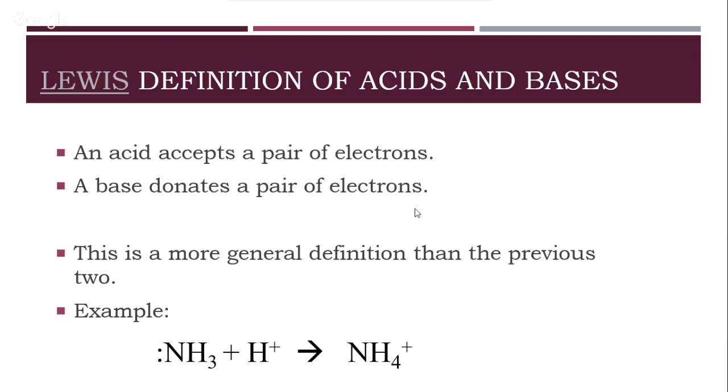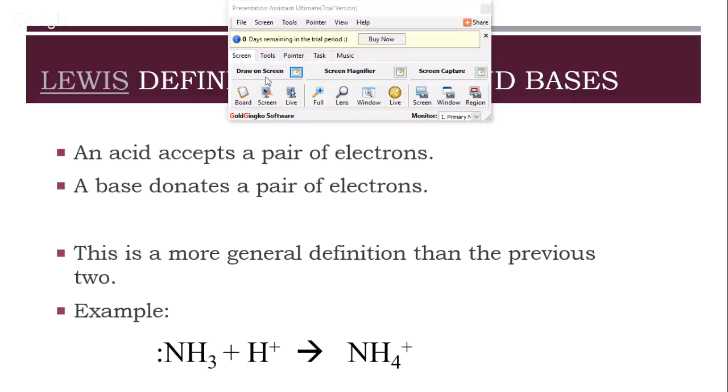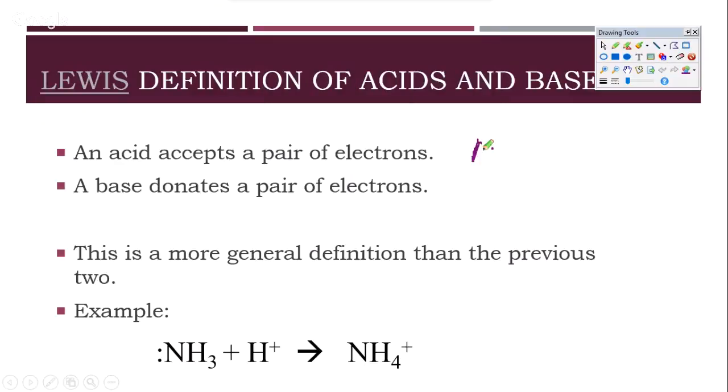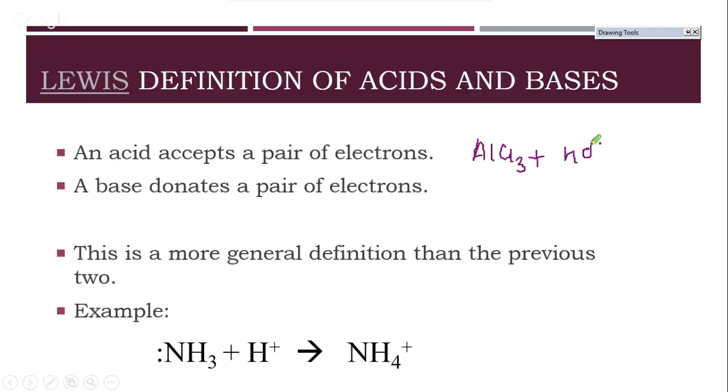Now, the last definition was given by Lewis, pronounced as Louis, although the spelling is Lewis. He said, this all looks good, but sometimes there is no hydrogen, and still we are able to see that an acid-base reaction is possible. A classic example is AlCl3. AlCl3 reacts with, for example, HCl to form AlCl4 minus plus H plus.